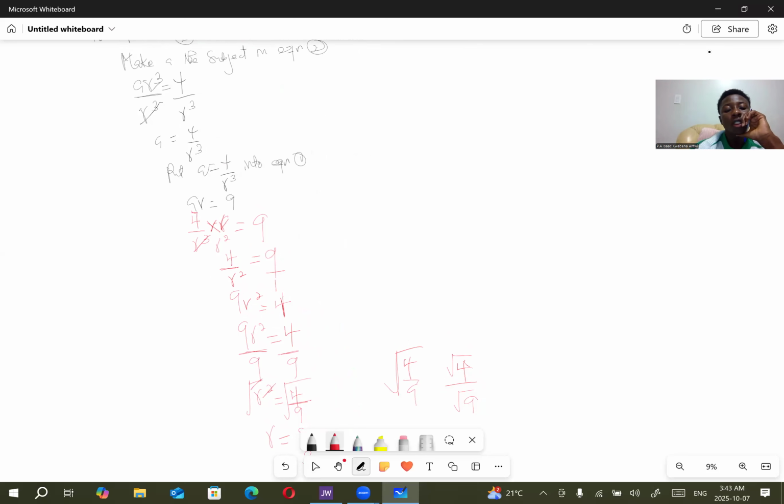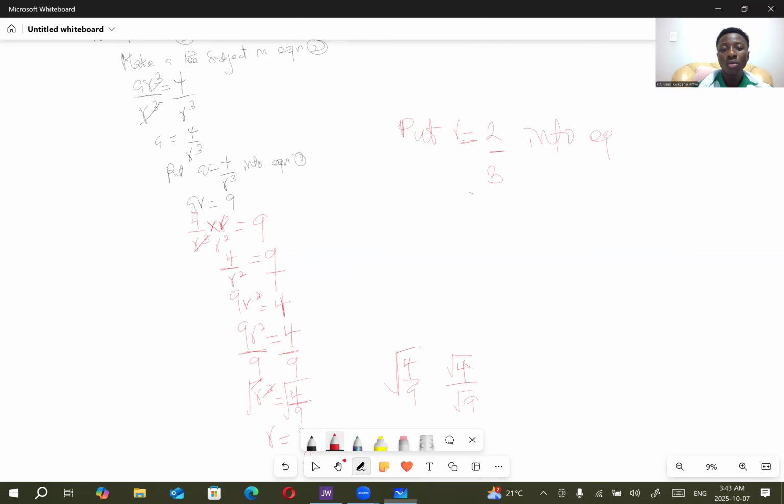Right. So now that you have R, you can just put R equals 2 over 3 into any equation at all, say equation 1.